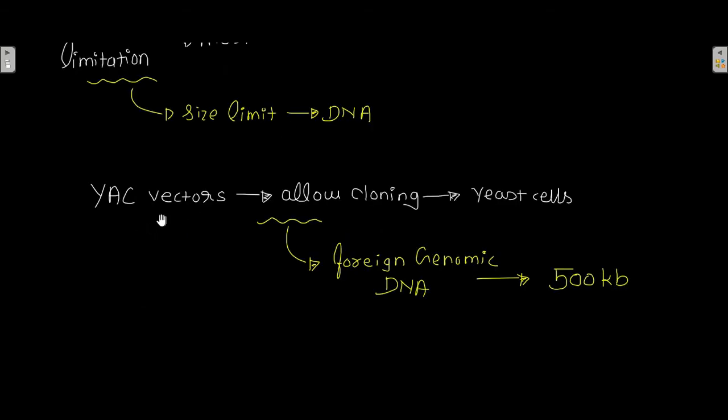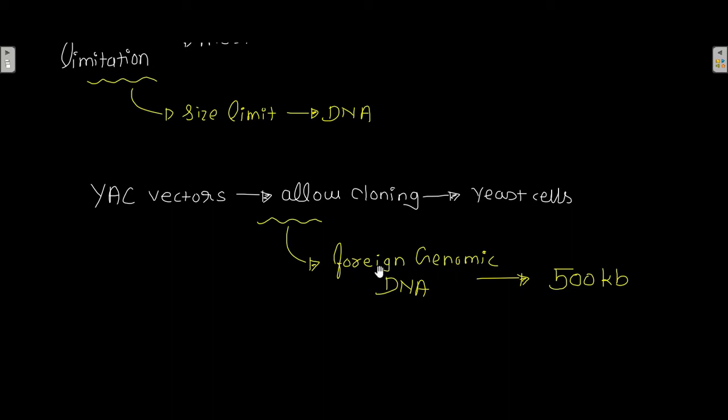YAC vectors allow cloning in yeast cells of foreign genomic DNA of about 500 kb. So you can clone 500 kb of genomic DNA in a yeast cell by using YAC vectors, and 500 kb is a large quantity if you compare it with plasmids and other vectors.